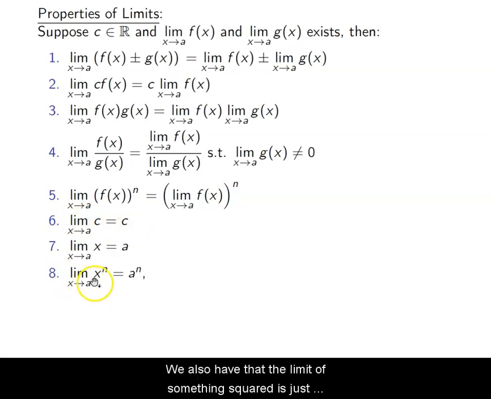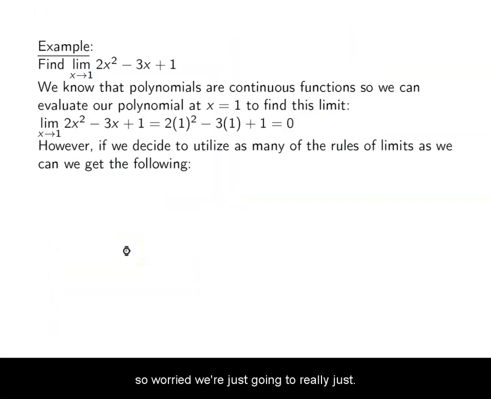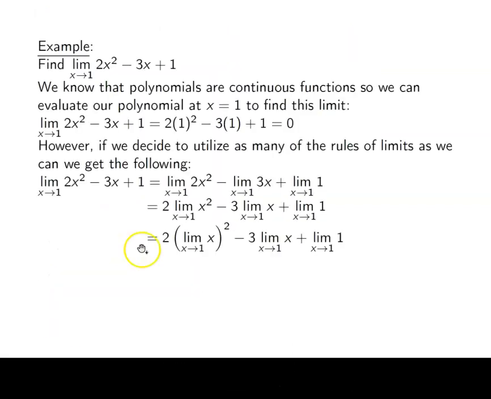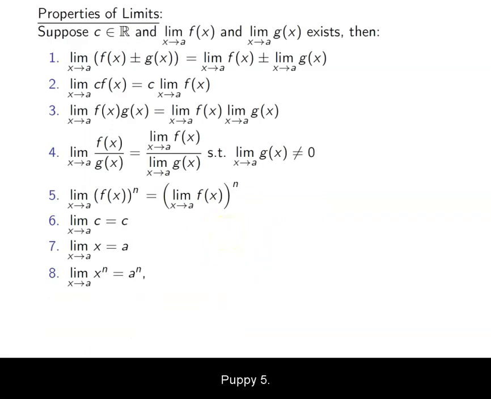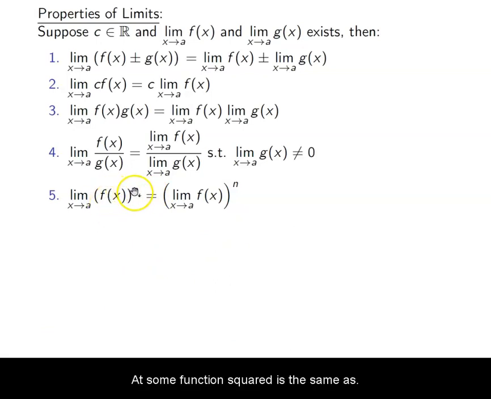We also have that the limit of something squared is just that value squared, and the limit of x is just that value, okay? So we're really just showing you how this stuff works, okay? So here I decided to use property 5, that the limit of some function squared is the same as the limit of that function to the nth power, right?